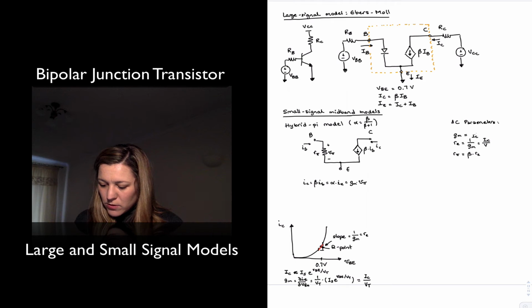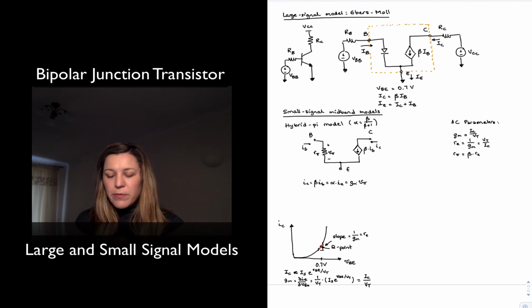Hold on. Conductance is current over voltage. Resistance is voltage over current. So gm is IC over VT, and little r is VT over IC. And obviously r pi is just going to be beta times VT over IC, or beta times little r e.